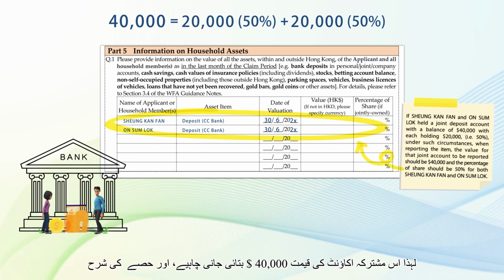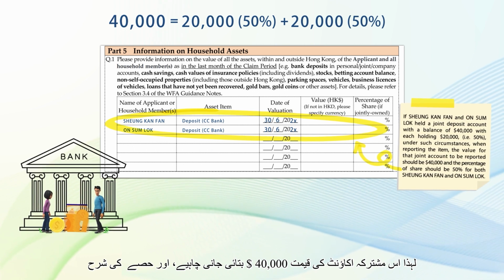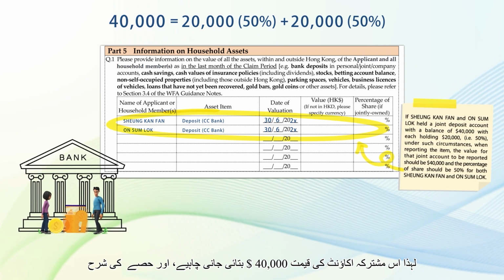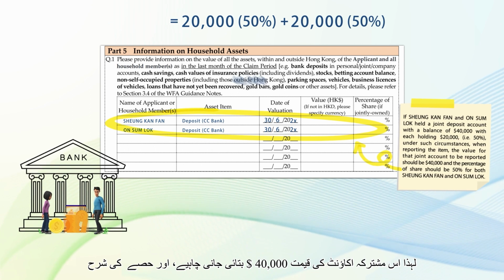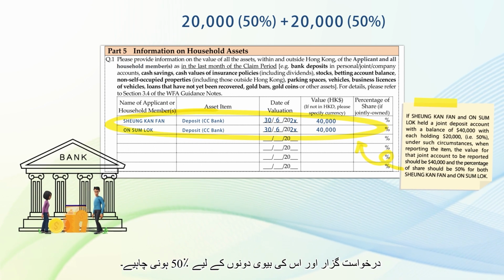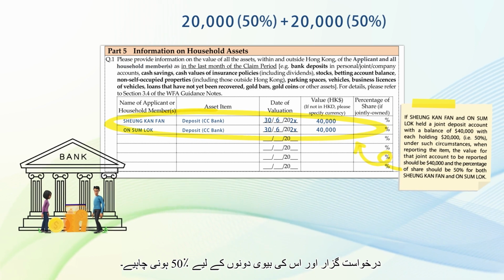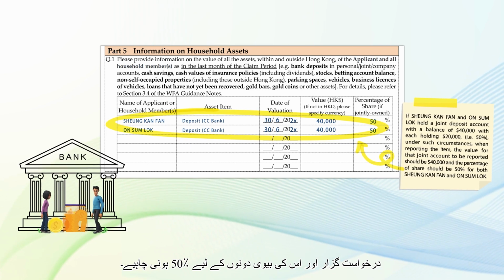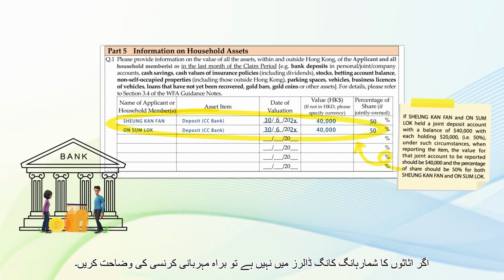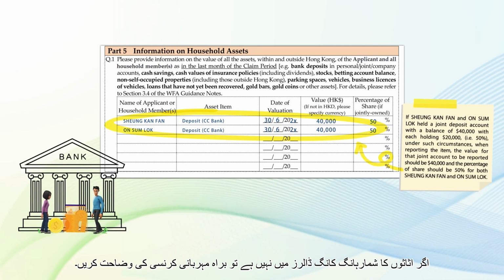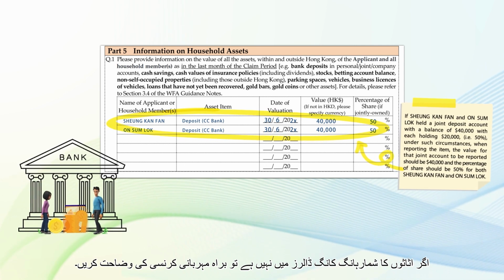Hence, the value of this joint account to be reported should be $40,000. And the percentage of share should be 50% for both applicant and his wife. If the assets are not enumerated in Hong Kong dollars, please specify the currency.